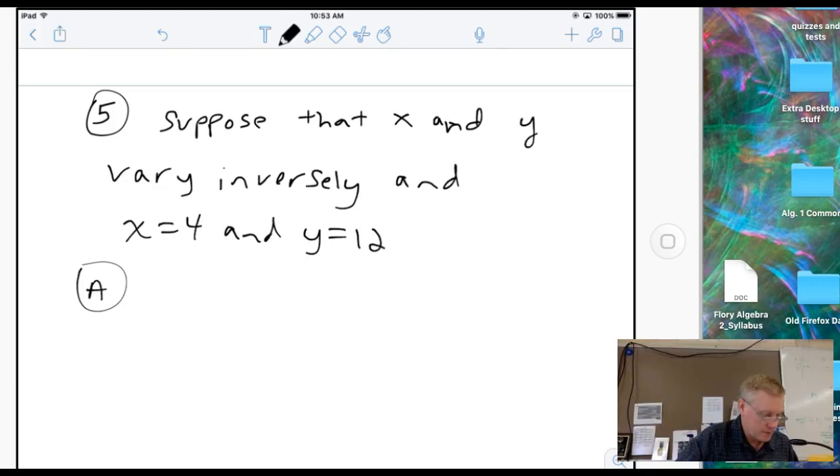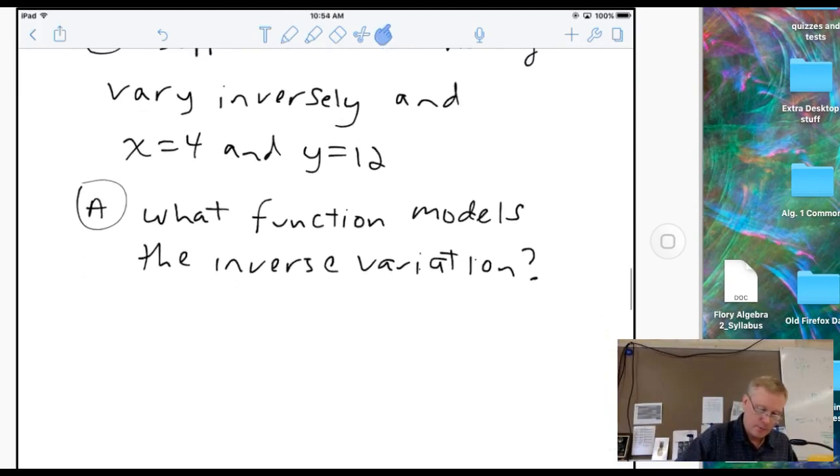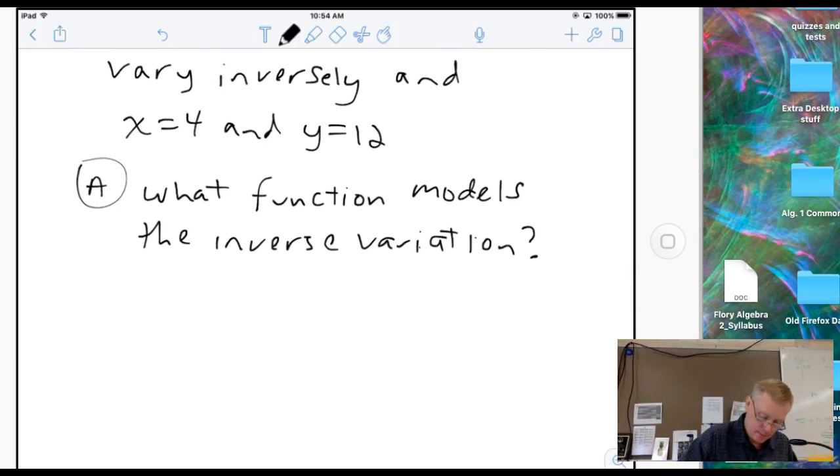A, what function models the inverse variation? And B, what is y when x is 10?